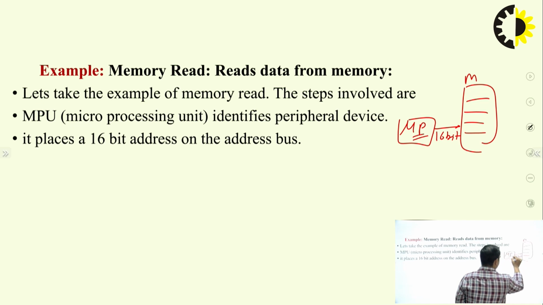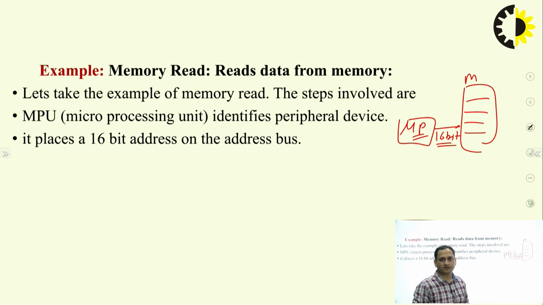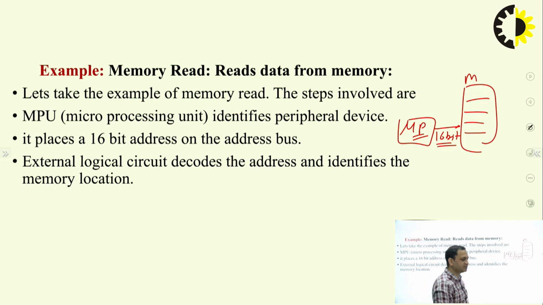The MPU will place the 16-bit address towards the memory. First it finds the external device, and then the MPU sends the 16-bit address. Then an external logic circuit decodes the address and identifies the memory location. This decoding will occur in the MPU as well, to decode from where the data is to be fetched.